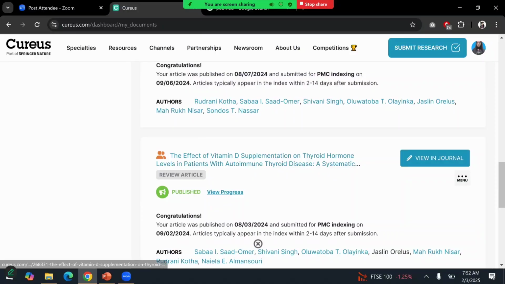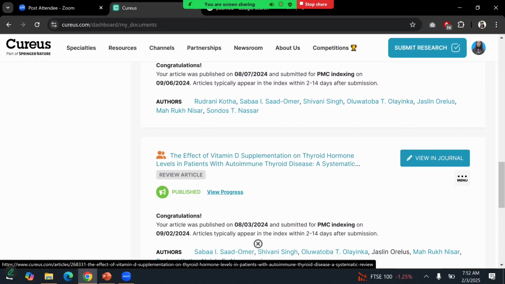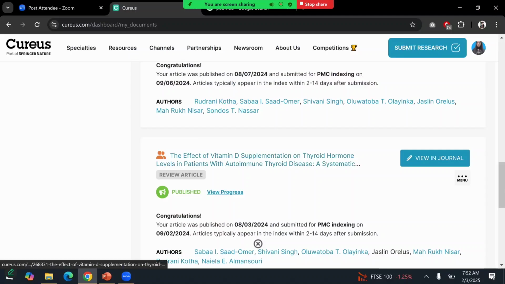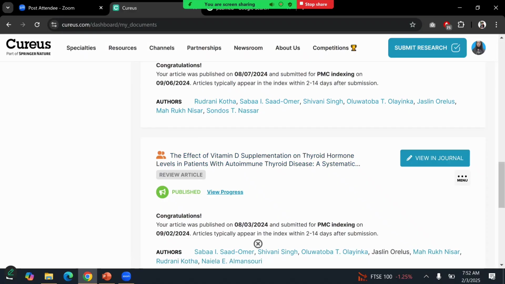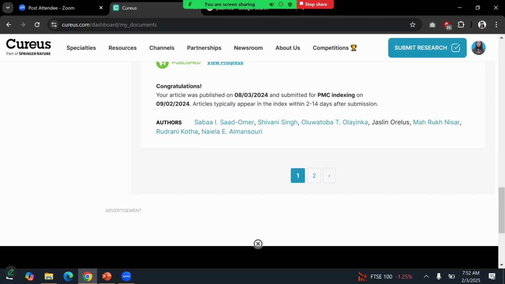Similarly, effect of vitamin D supplementation on thyroid hormone levels in patients with autoimmune thyroid disease. So these are a combination of three concepts. Effect of vitamin D supplement, second is on thyroid hormone levels, and third is autoimmune thyroid disease. So this is an example of a combination of three concepts.